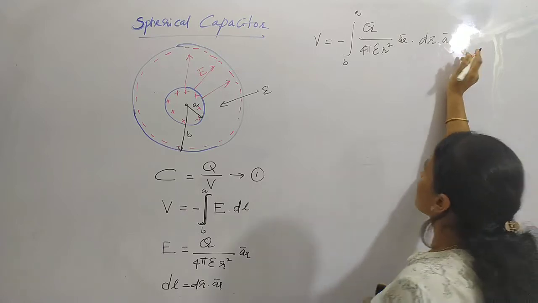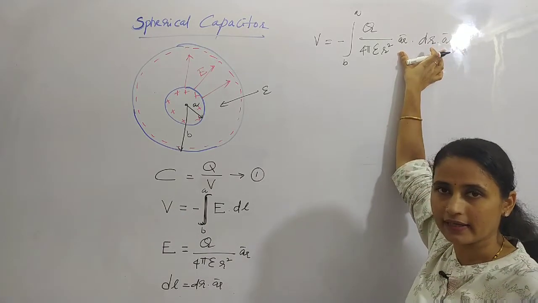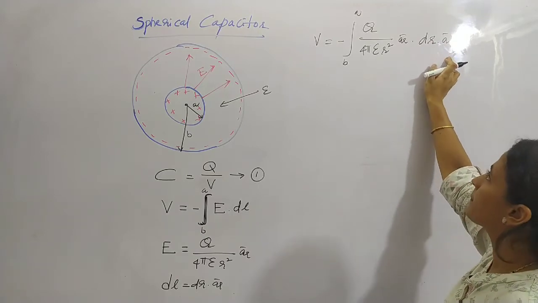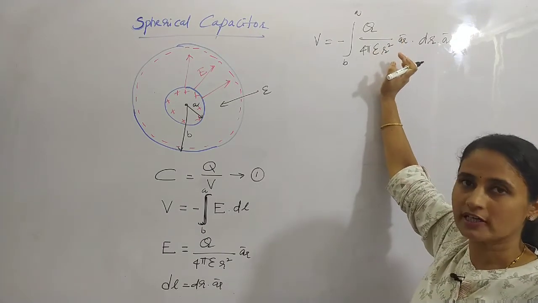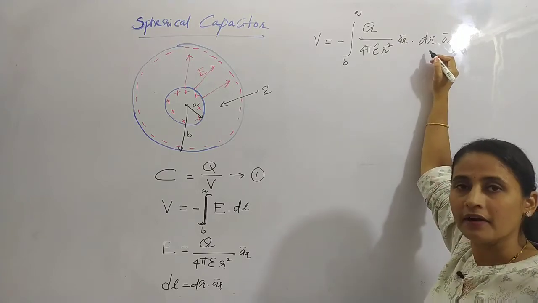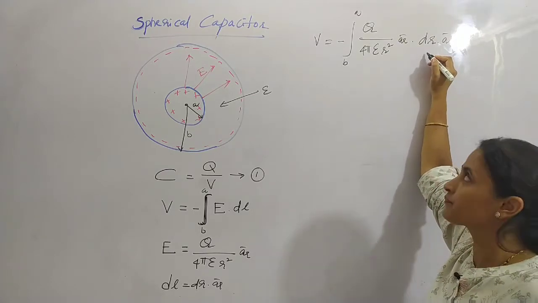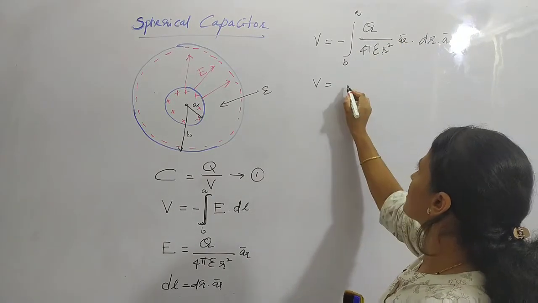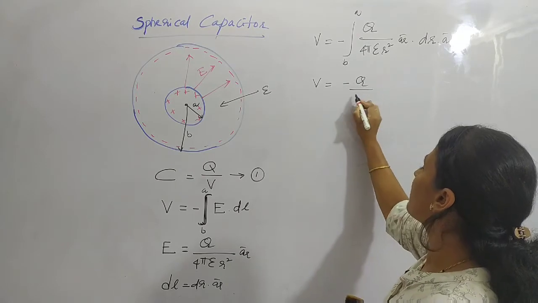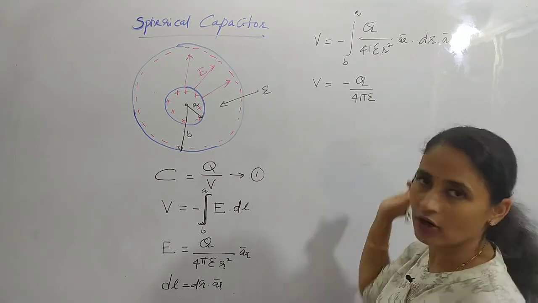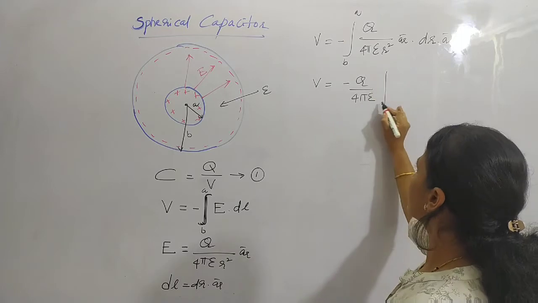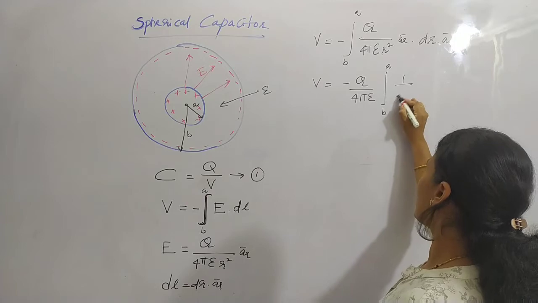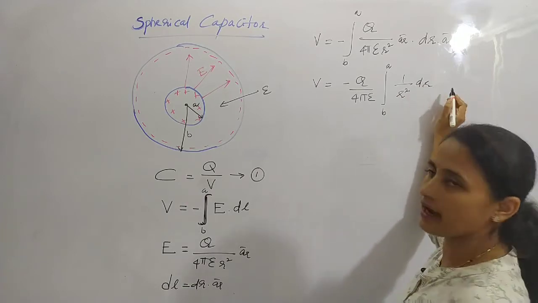The dot product of AR with AR is 1, so let us replace it with 1 and take the remaining constant terms out of this integration, because it has been differentiated with respect to r. So I can write Q by 4 pi epsilon, the constants only, and the integration from A to B of 1 by r square into dr.